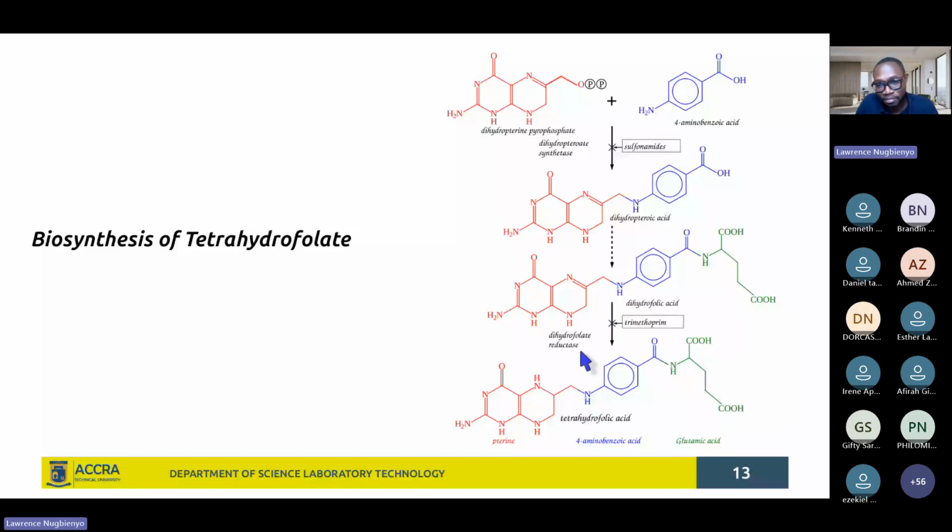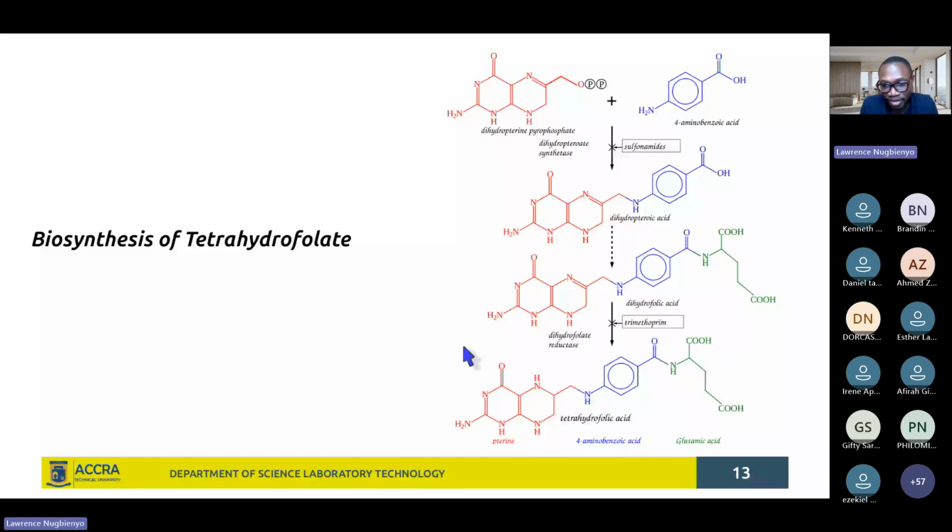Now, this biosynthesis of tetrahydrofolate is understood. And you also want to remember that tetrahydrofolate, or what we refer to as folic acid, was involved in cell proliferation and at different stages of cell development.